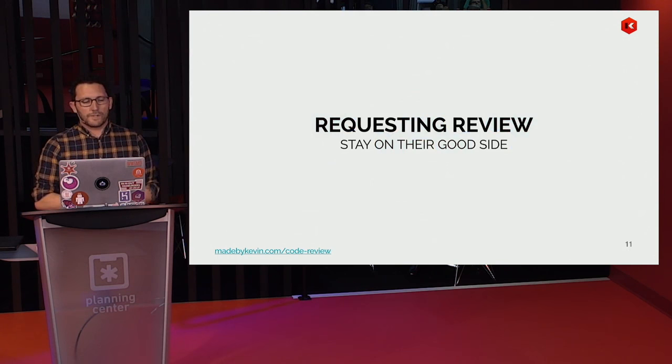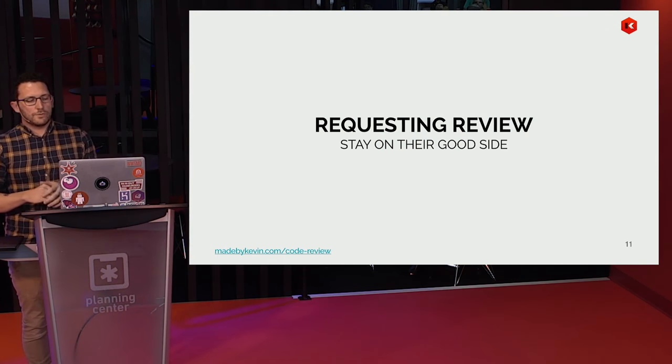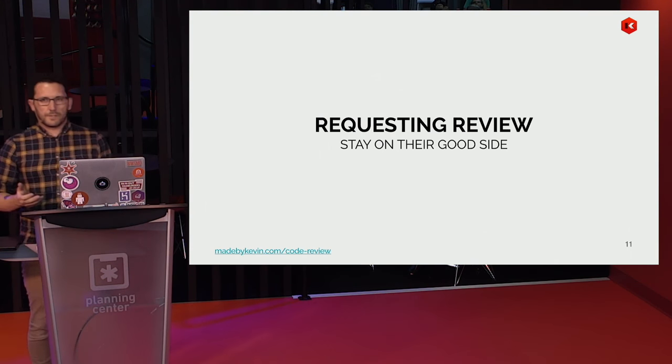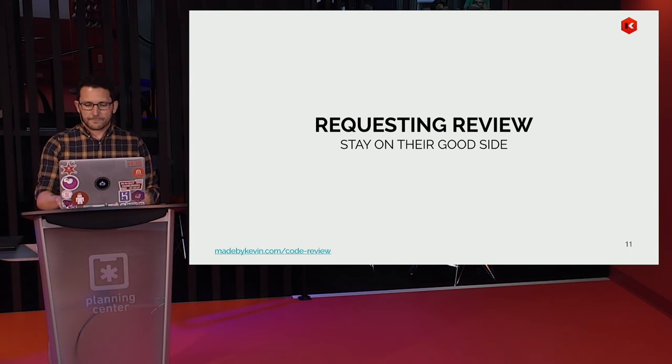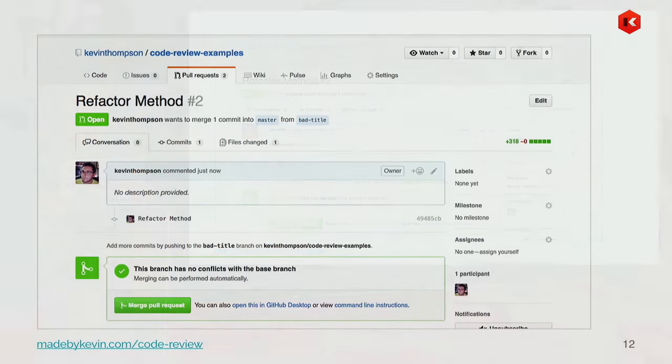We'll start with requesting review. Now, through these examples, we're going to start with a simple pull request, and we're going to build up something a little bit more complex. So to start, we have our basic pull request, again, with the title. This pull request is lacking a description, so it's very minimal. There's very little information. We've got a title that just says that it's refactoring a method.